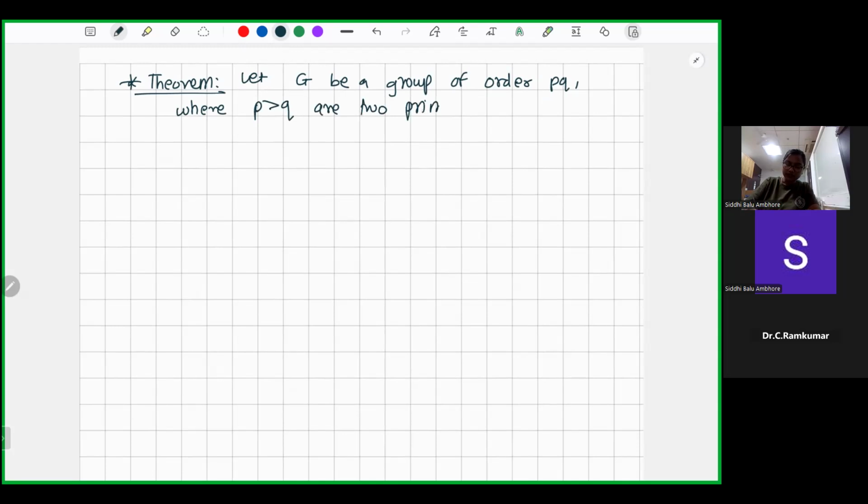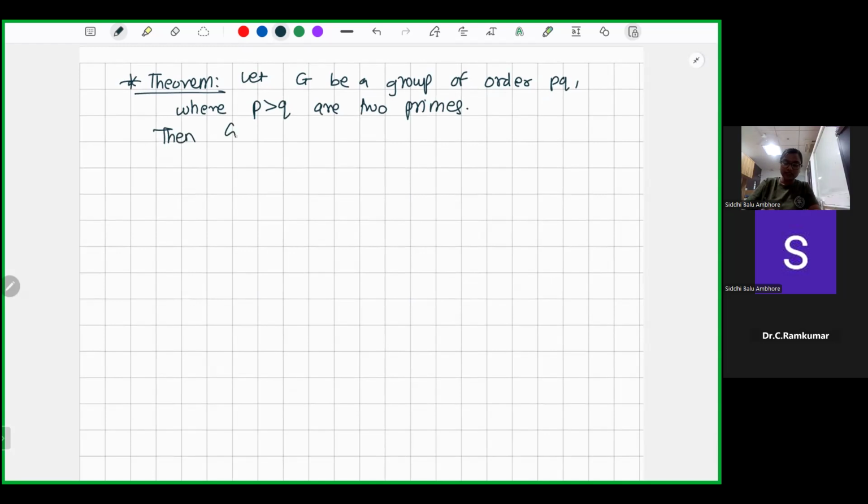We are just giving the notation, following this condition that P is greater than Q without loss of generality. Then G is cyclic if Q does not divide P minus 1.